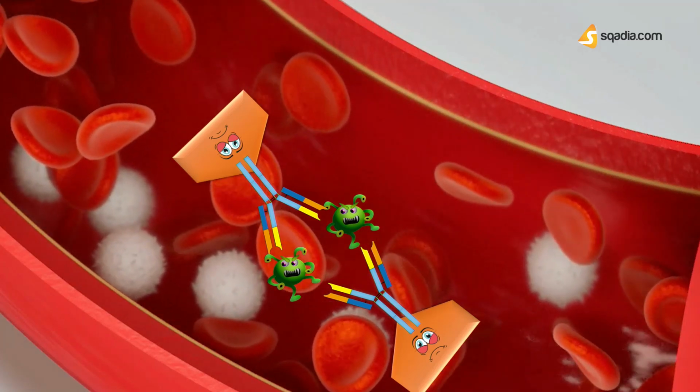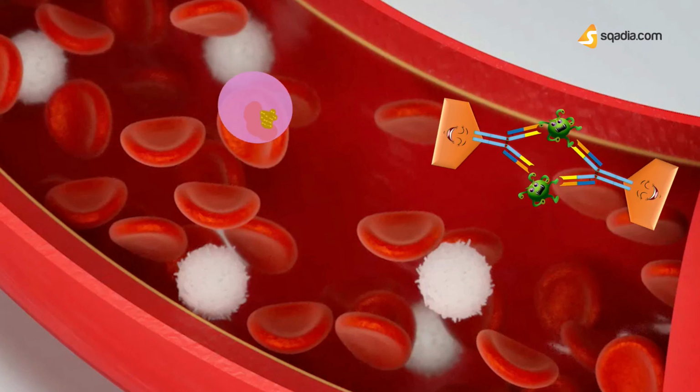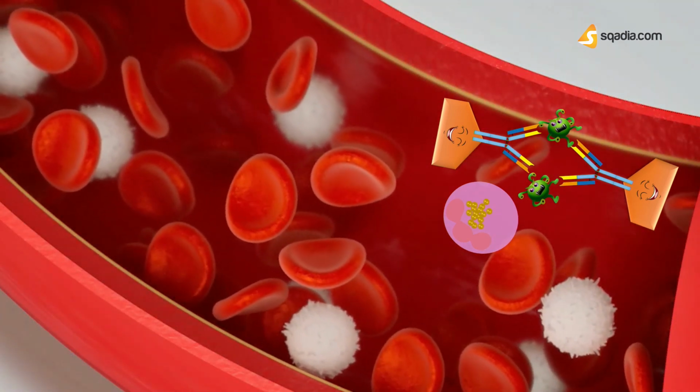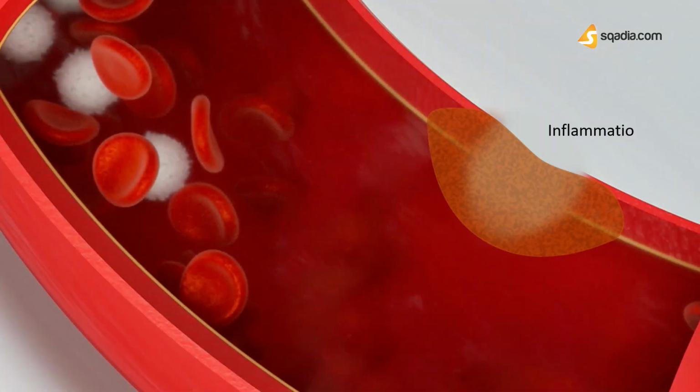Now, this complex then deposits in particular tissues, and these tissues are mostly blood vessels. Now, this deposition activates the complement cascade and attracts the neutrophils. Now, the question arises, what do these neutrophils do? Well, these neutrophils will release lysosomal enzymes and cause cell death and inflammation at this site.